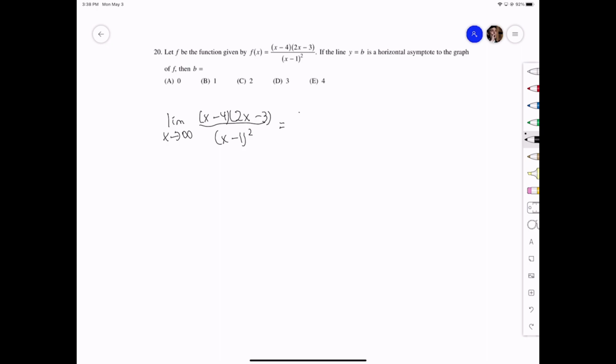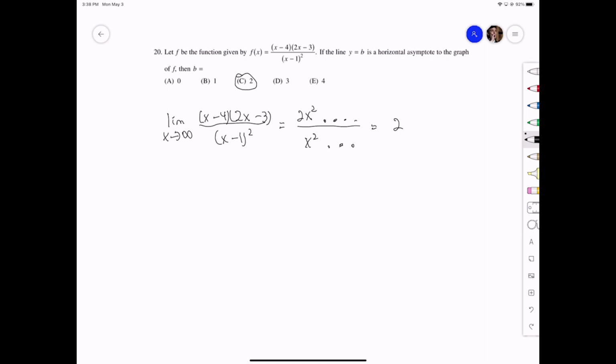So I see 2x squared over x squared, so that would just be 2. Or you could actually just fully factor it out. But if you notice the highest powers right away, you don't really need to do that. So C is the answer.